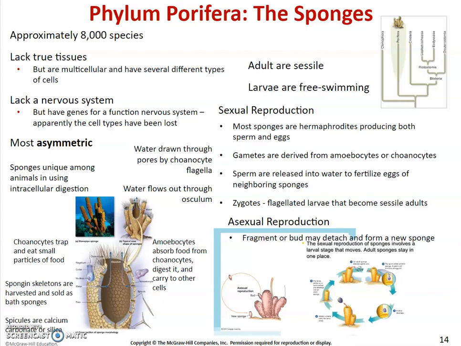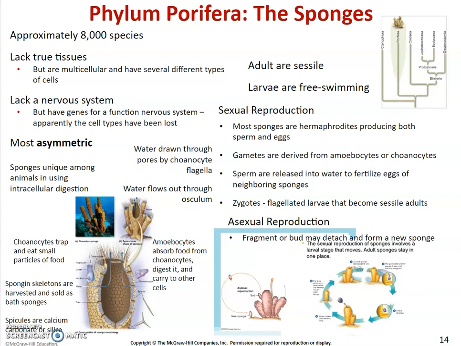So on the outside are these amoebocytes, and they make hard skeleton kind of things. They secrete calcium or silica. And then they also form these little spicules, and the spicules are like sharp little needle points sticking off of it, right?